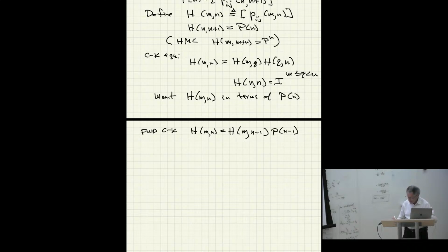There's our old friend, just go one step in. And the backward Chapman-Kolmogorov is again H of m and n is equal to P of m times H of m plus 1.